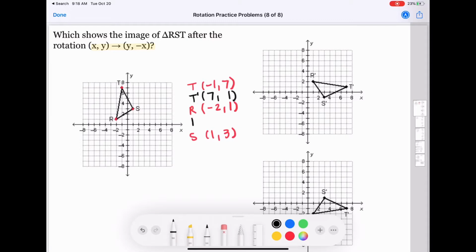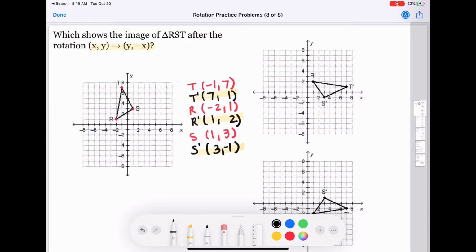For R prime, we would switch the x and y coordinates, and then we would negate the x. And for S prime, we would switch the x and y coordinates, and then negate the x. So there we found our resulting vertices after that mapping rule.